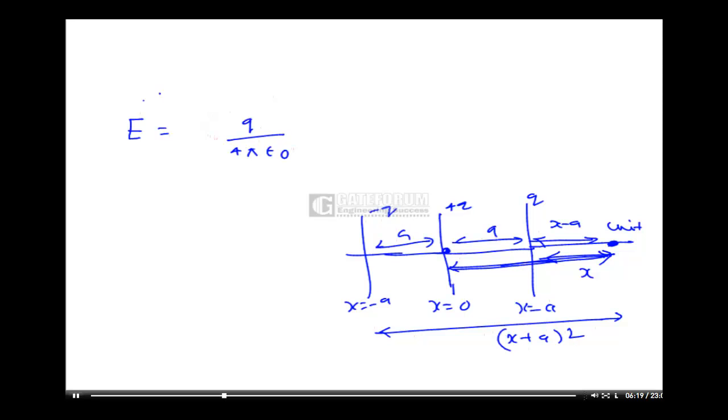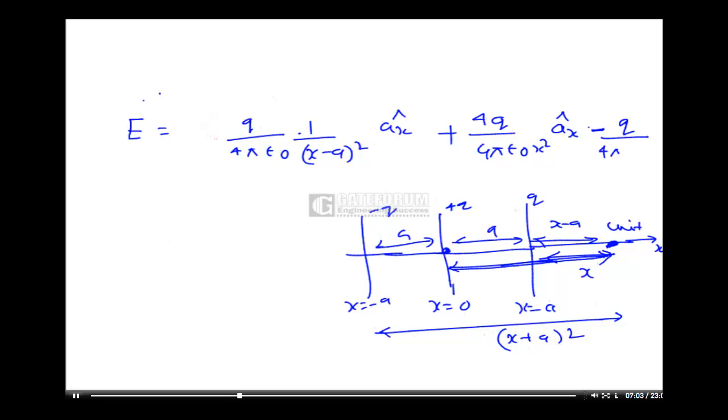So the force on the unit charge due to q is q by 4 pi epsilon naught into 1 by x minus a whole square, along the x-axis, so a_x. Plus the force on the unit charge due to 4q, which is 4q by 4 pi epsilon naught x square a_x. Minus, because of the third charge being minus, q by 4 pi epsilon naught x plus a whole square a_x.